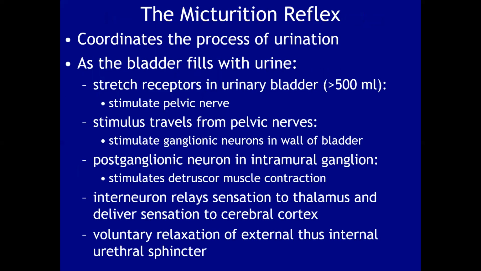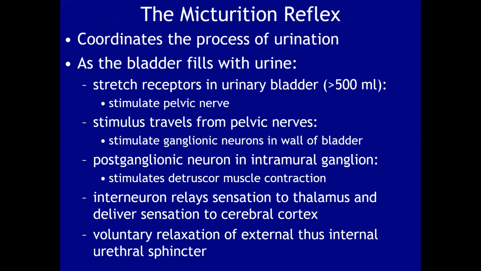So as I stated at the very beginning, urination, the word can be interchanged with the word micturition. So the reflex is actually called the micturition reflex, and this is a reflex that coordinates the process of urine removal from your body.